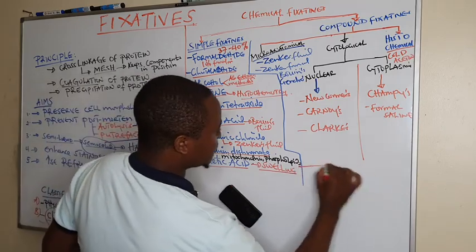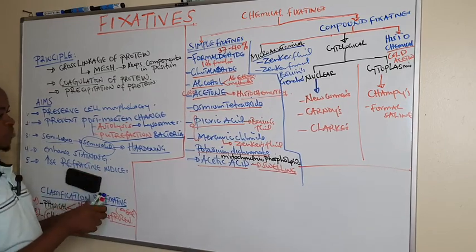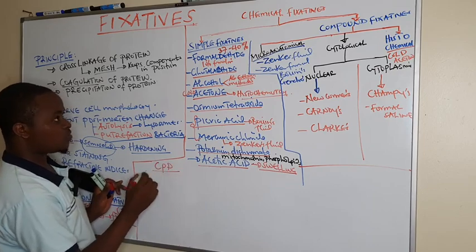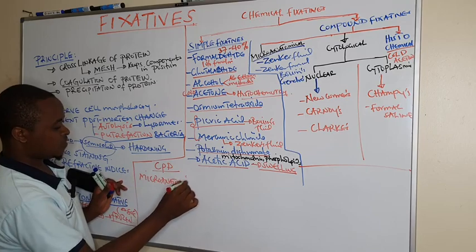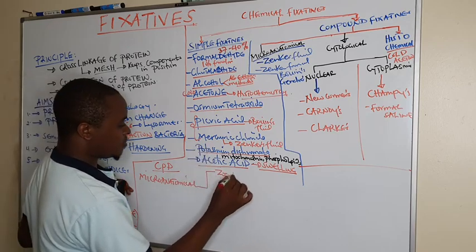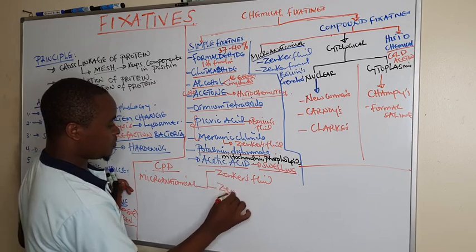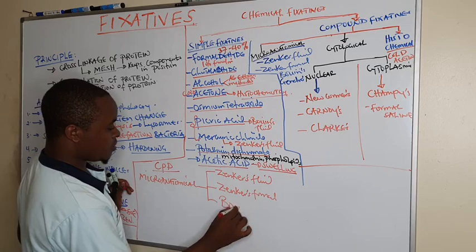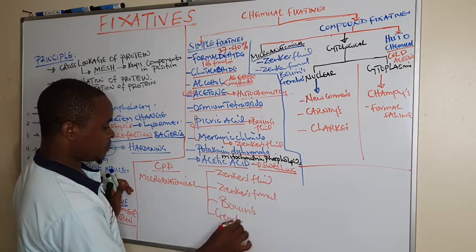So to begin with, we are going to look at microanatomical fixatives, which are part of compound fixatives. Under microanatomical fixatives, we have Zenker's fluid, Zenker's formal, then Bouin's, then we shall look at Gendre's.